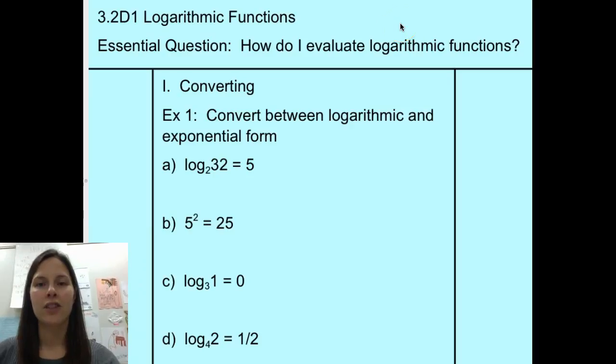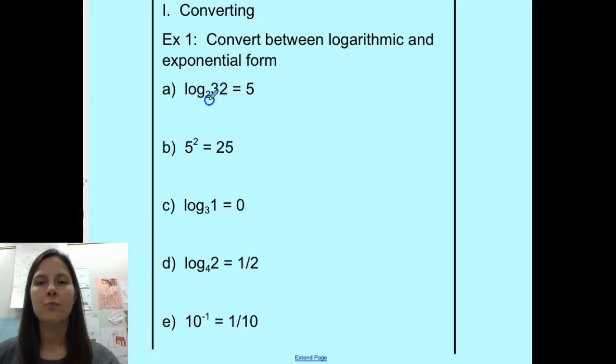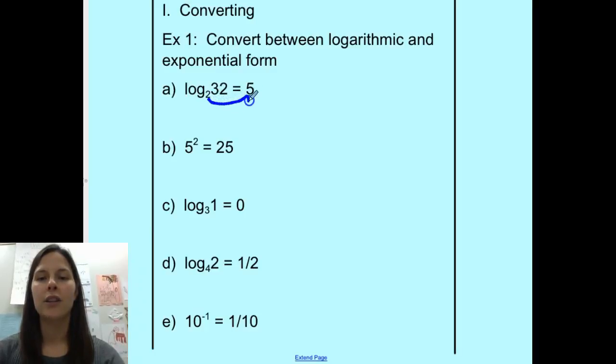So with our introduction to logarithmic functions, our focus today is going to be on evaluating logs. First, we'll just practice converting between log and exponential form. If it's in log form, I think it's a little bit easier. Curly law, 2 to the 5th power equals 32.